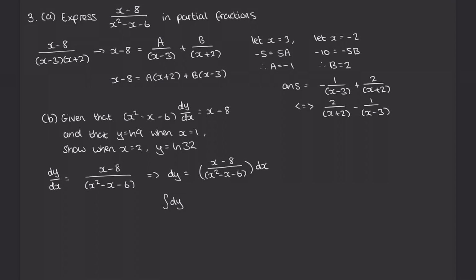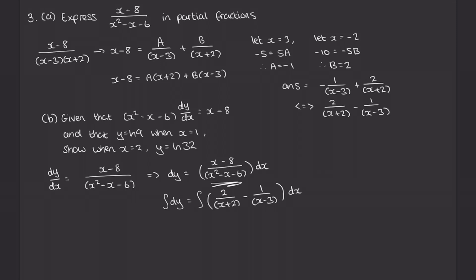dy, and just for time purposes, this is the partial fractions. That is the answer. They're the same thing. So we'll rewrite this part as this part. So it'd be the integral of 2 over x plus 2, subtract 1 over x minus 3, all with respect to x.